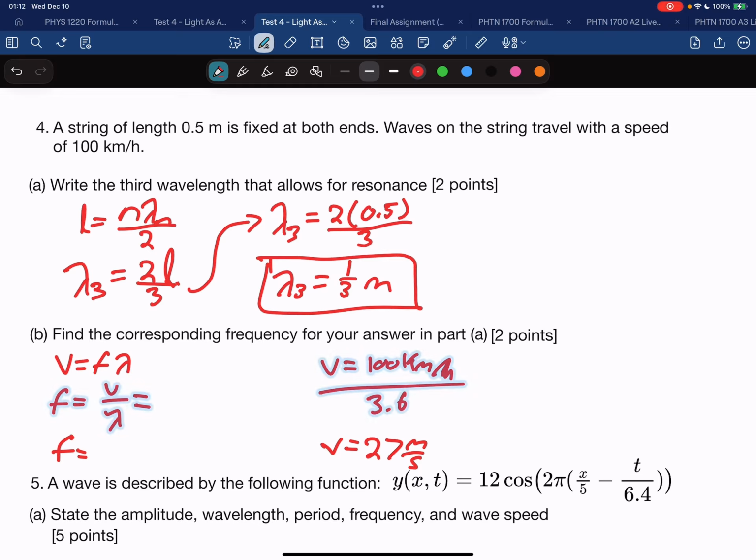So plugging in here, I did mine all in one big calculation, so I don't have that exact decimal memorized either, but it's about 27.